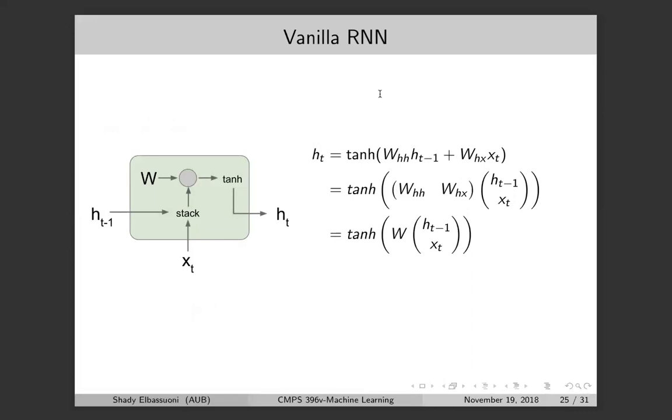So the vanilla recurrent neural network, as we said, you stack the previous hidden state with the input xt at time point t into one matrix, and then multiply this by the weight matrix W, which is a concatenation of WHH and WHX, and then pass it through a nonlinearity, typically tanh, to get the next hidden state.